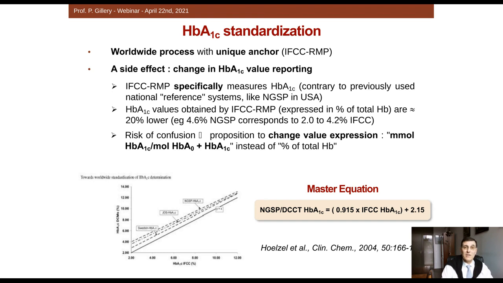So there was a risk of confusion, and in order to avoid it, IFCC proposed to change value expression to millimole HbA1c per mole HbA0 plus HbA1c instead of percentage of total hemoglobin, which is an expression in SI units. It was possible to establish a correlation between the two types of expressions using a master equation.